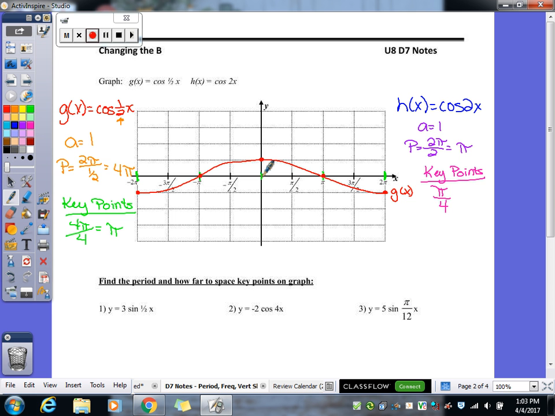So our key features are going to happen at 0, and then at 45, which is halfway between 0 and 90, and then at 90, and then halfway between 90 and 180, and then at 180. So every little half spot here, we're going to have a key point.